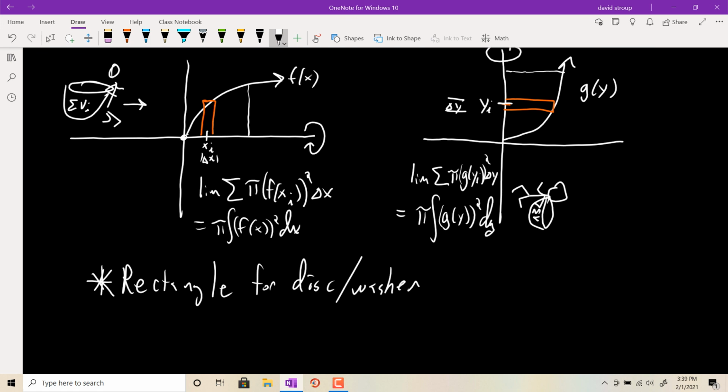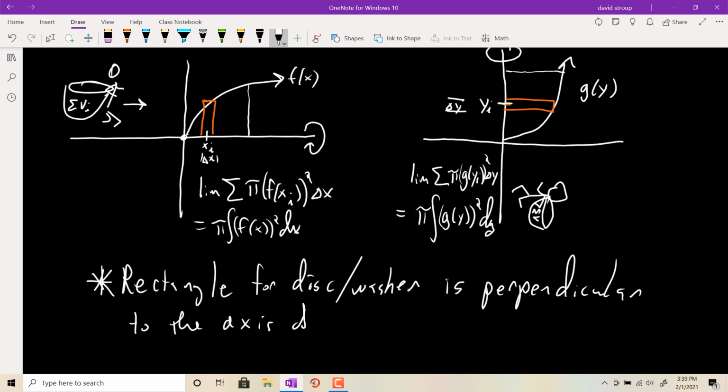Right now, the rectangle for the disc and the washer is perpendicular to the axis of rotation. Later on, when we deal with the shell method, you'll see the rectangles are parallel. So for shell, everything's parallel.